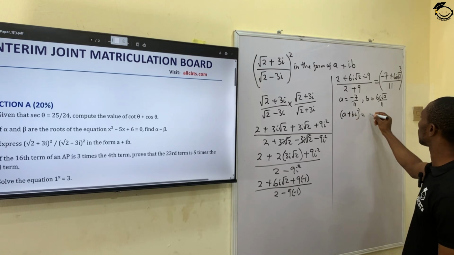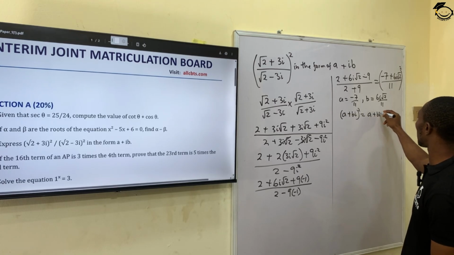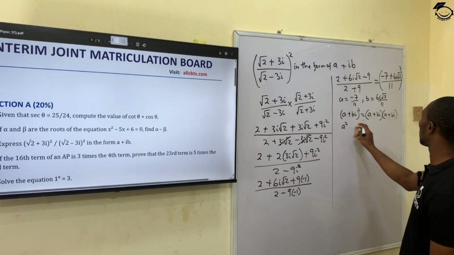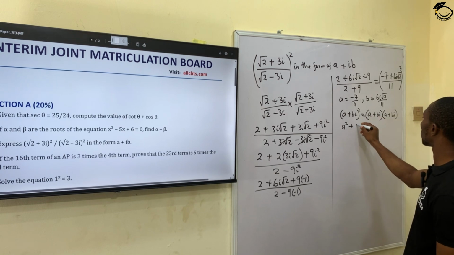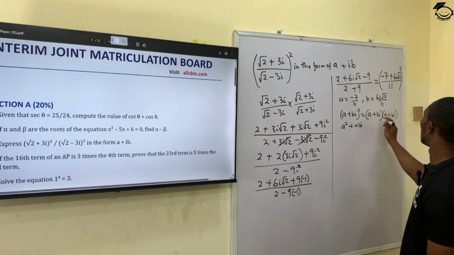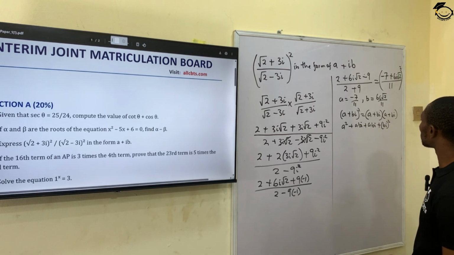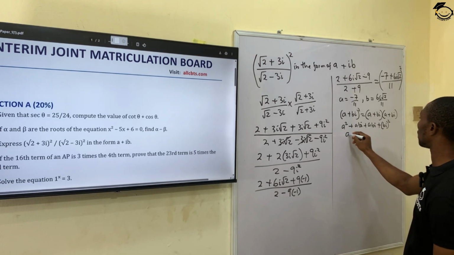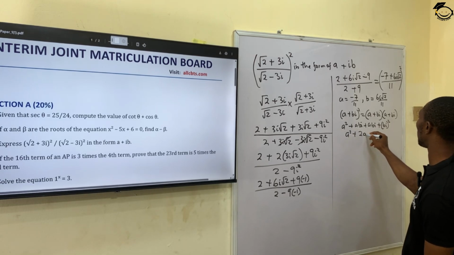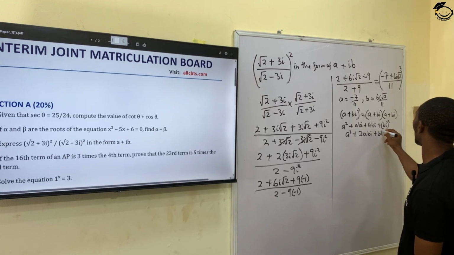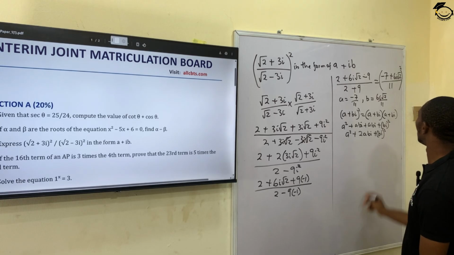Now expanding this, we have A plus Bi times A plus Bi. So this times this will give us A squared. This times this will give us plus ABi plus ABi plus Bi squared. Okay? Now this will give us A squared plus 2ABi plus Bi all squared.